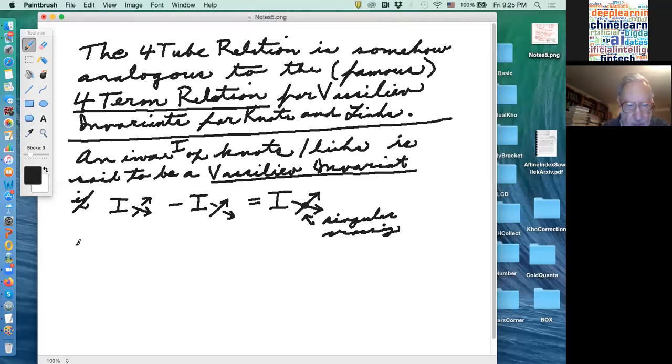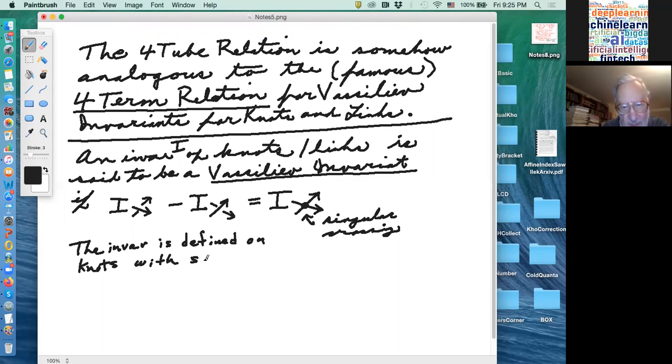That is, the invariant is defined on, I'll just write knots, and that means knots and links, on knots with singular crossings.